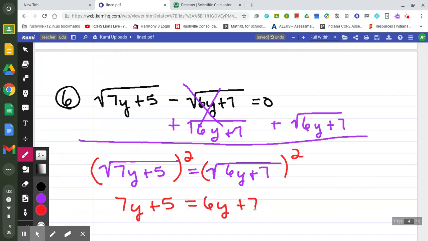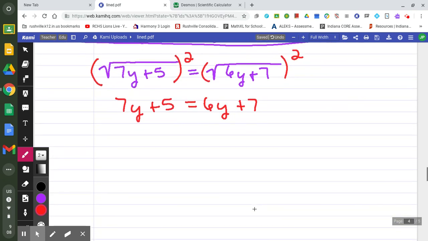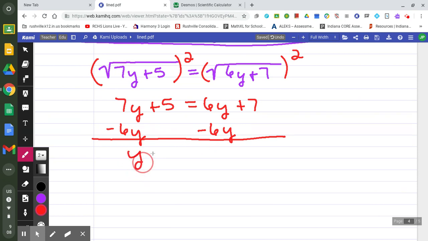I'm going to solve for y. So I'm going to subtract 6y on both sides of the equal sign. So now I have y plus 5 equals 7, minus 5 on both sides.